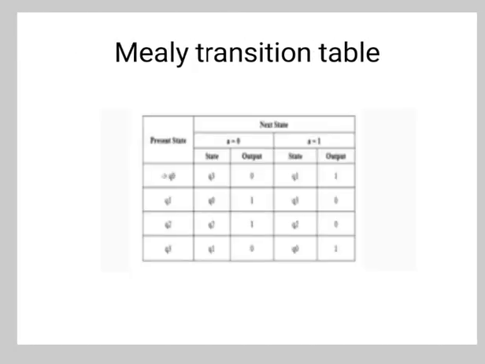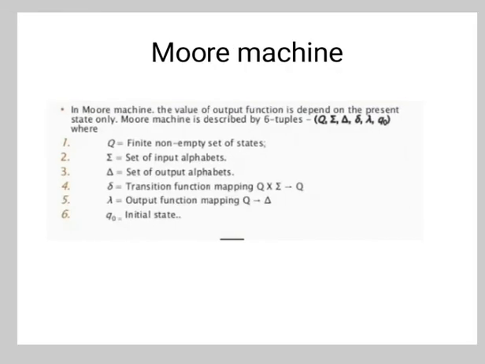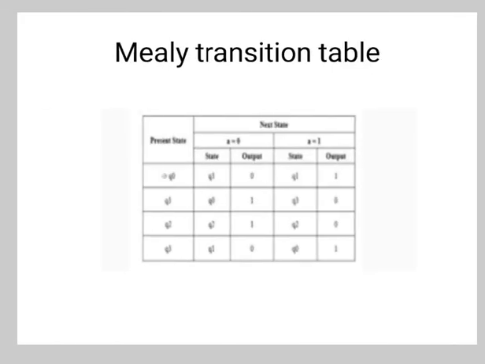So here is a Mealy transition table, which consists of present state and next state. In next state, it is for a equal to 0 and for 1, state and output, state and output. The difference between the Moore and Mealy machine is in the output, which is the combinational signal process.